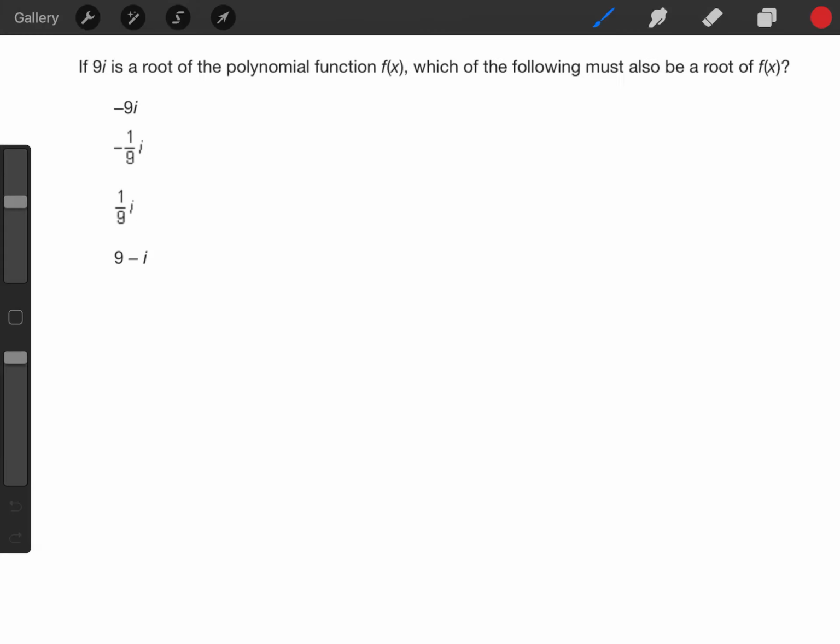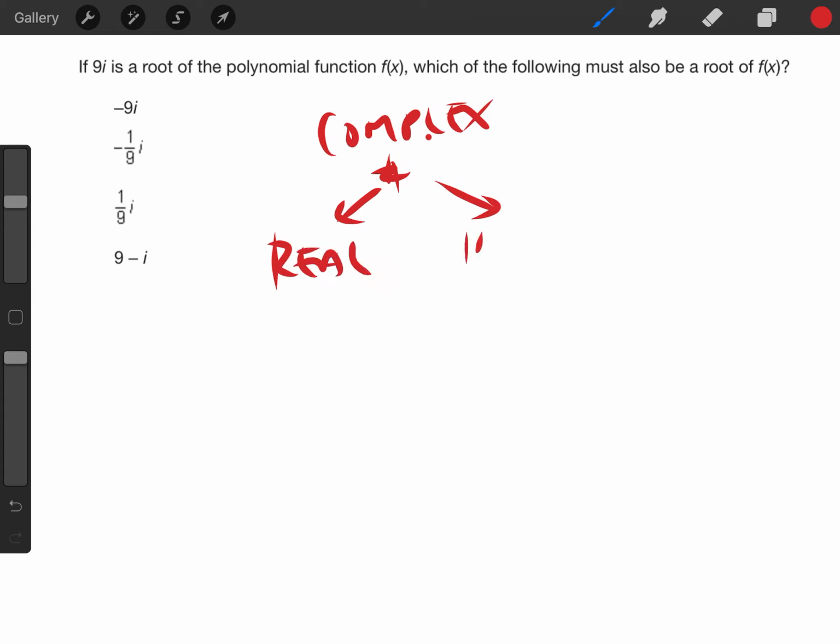All right, so if 9i is a root of a polynomial function, what's going to be the other one? So think about that. I told you guys about the complex number. You've got the real number, and you've got the imaginary.